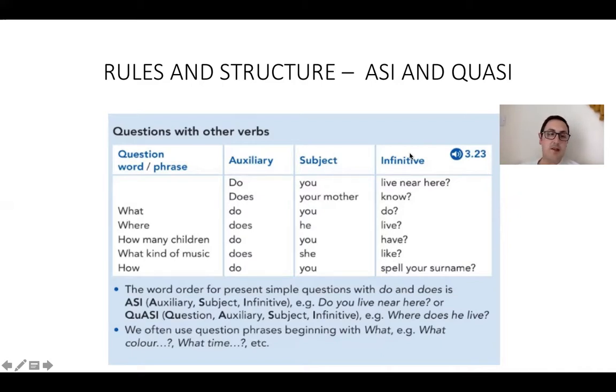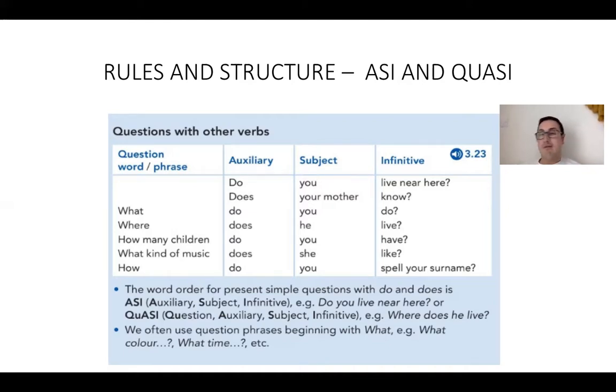So in this case, when you have QUASI, where, question word, auxiliary do, subject you, and then the infinitive verb. That's all. Now, we often use question phrases beginning with what, for example, what color, what time, and so on like this. And that's essentially it.